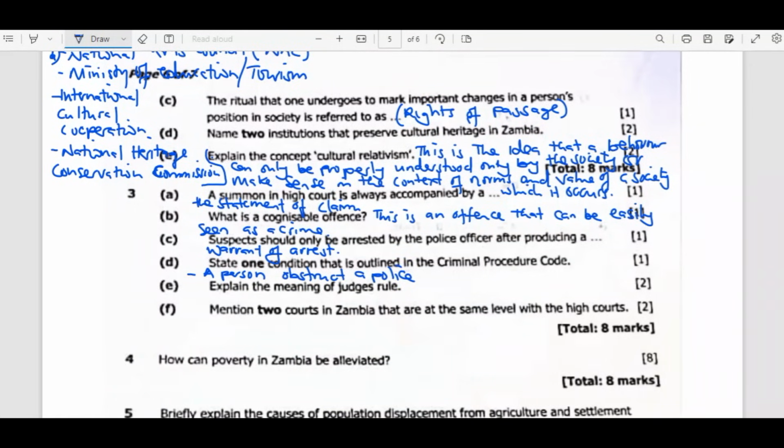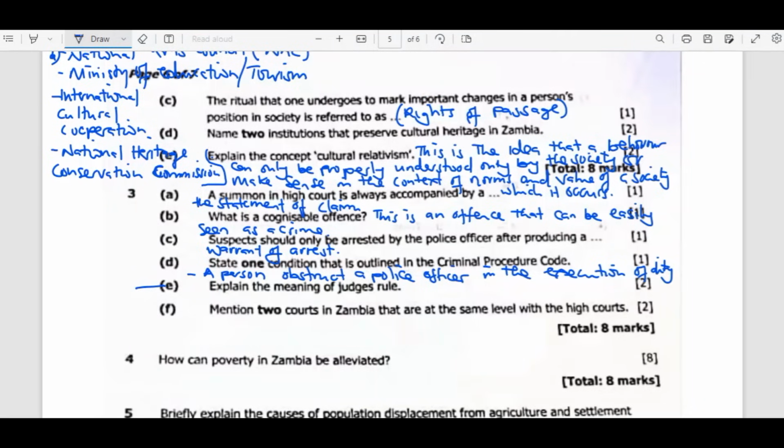So a police officer in the execution of duty, when he's obstructed, then that becomes a problem.